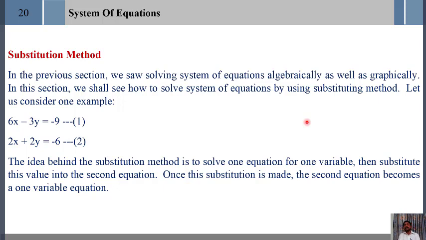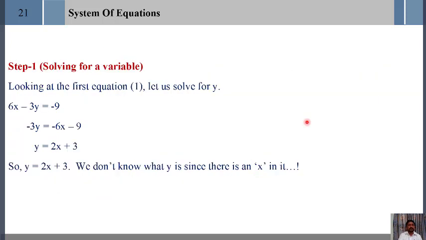The idea behind the substitution method is to solve one equation for one variable, then substitute this value into the second equation. Once this substitution is made, the second equation becomes a one-variable equation. Then arriving at the solution is very easy using this method.